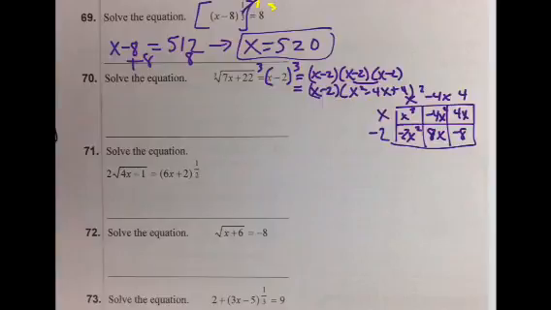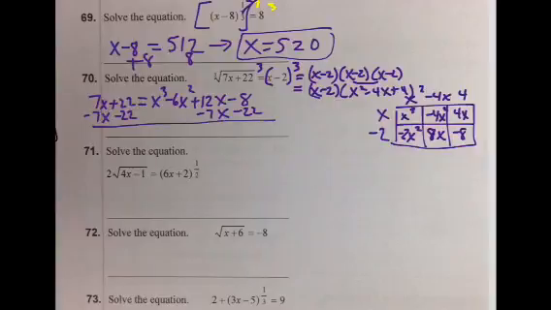So on the left side, we have 7x plus 22. On the right side, we have x cubed minus 6x squared plus 12x minus 8. So I'm going to subtract 7x and subtract 22 from both sides.